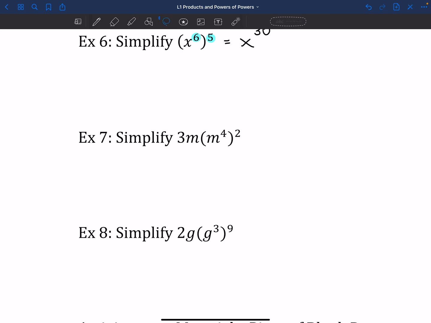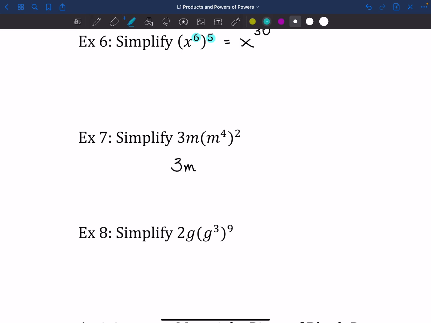So this squared over here is only being applied to the piece in the parentheses. That's an important thing to remember. When we handle this, we're going to take this 3m and just hold off on it for a moment. All right, so as I go down to a new line of work, I'm just going to write out 3m.